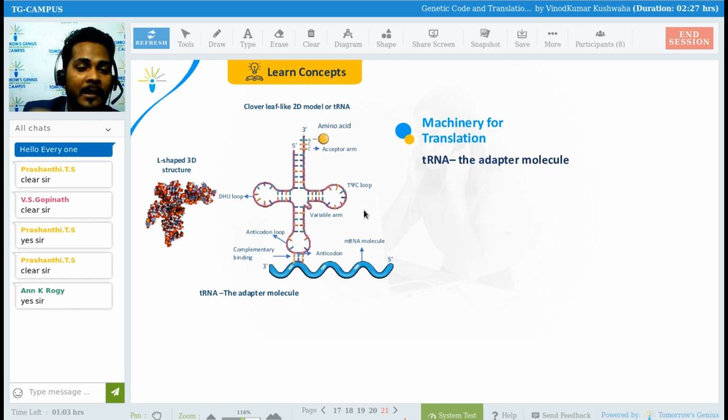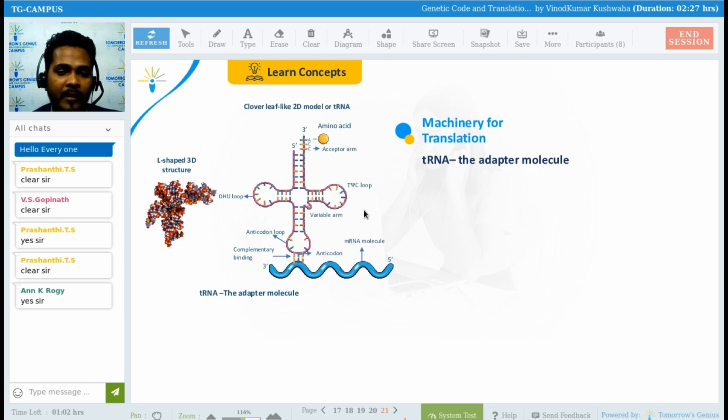So that process is called charging. So the charged tRNA takes the amino acid to mRNA over a particular codon corresponding to its anticodon.